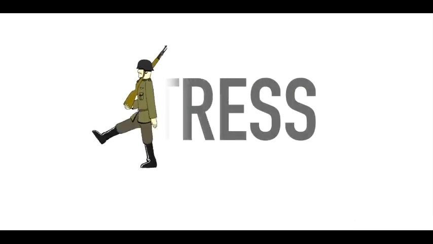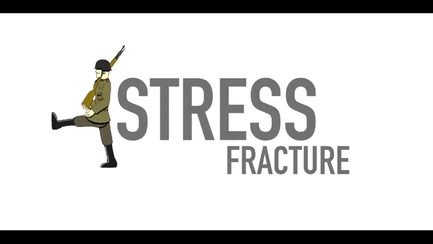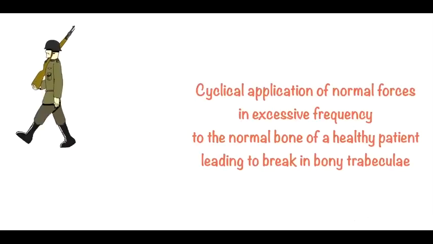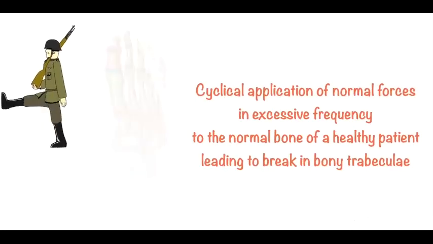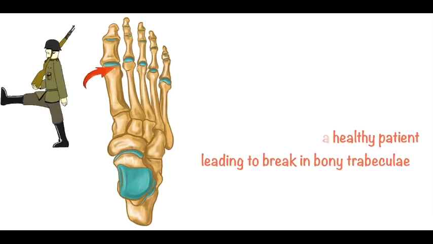A stress or fatigue fracture. This results from a cyclical application of normal forces in excess to normal bone in a healthy patient, resulting in the breaking of the bony trabeculae.